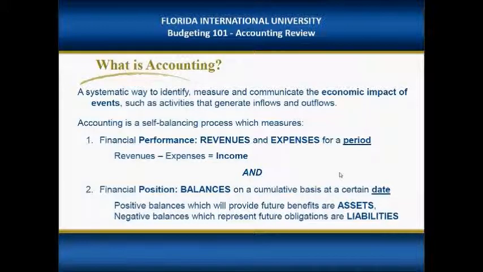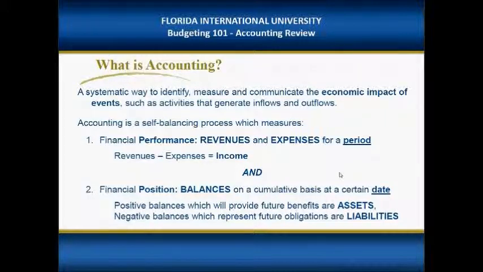Financial performance is for a period of time, while financial position is on a specific date, for example, the end of the month or the end of the year. Within financial position, we have two types of balances. Positive balances are assets. The distinguishing characteristic of assets is that they provide future economic benefits.